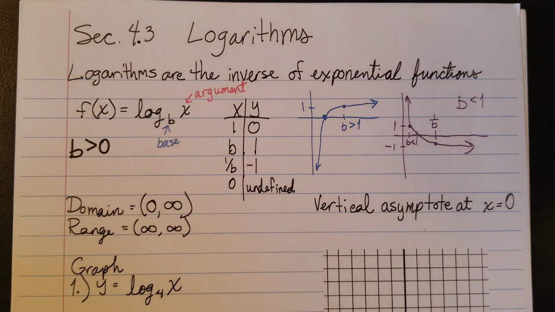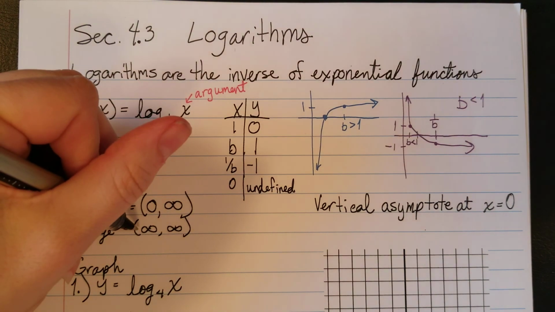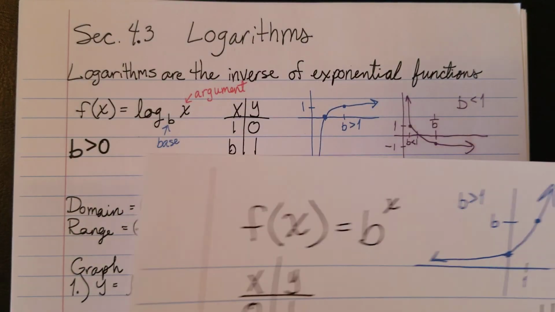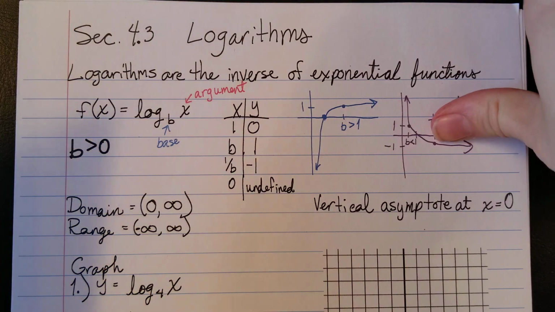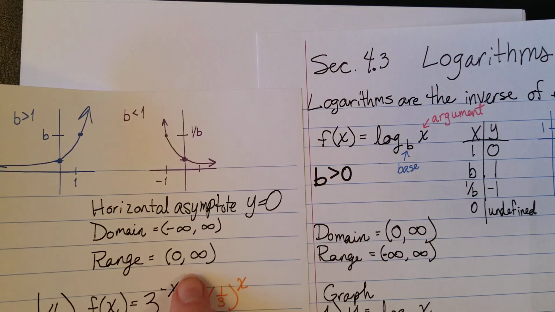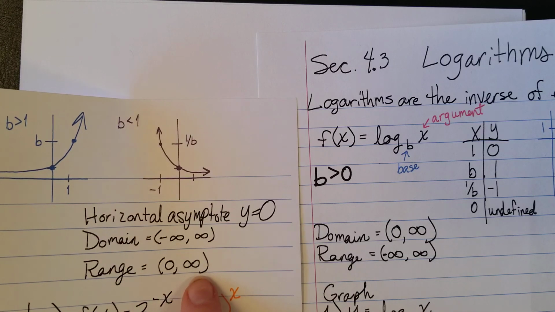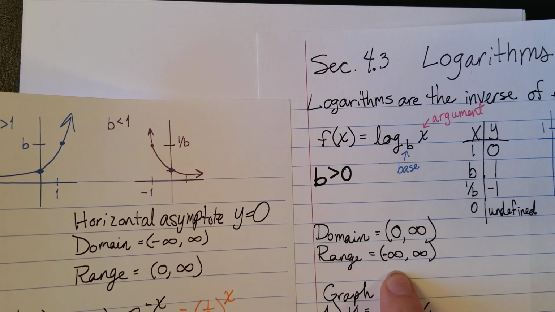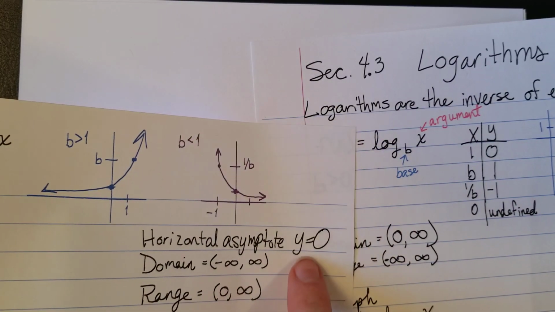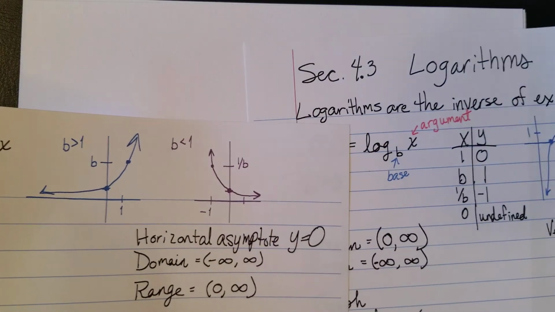There's a little typo here, which I still call a typo even though it's handwritten. The domain and range are switched. You've got the domain and range for the exponential function here, and then you just switch those to get the domain and range of the log function. The exponential has a horizontal asymptote at y equals 0.